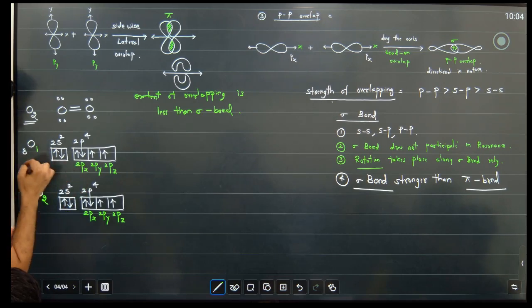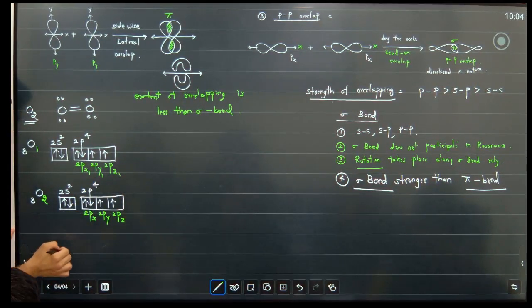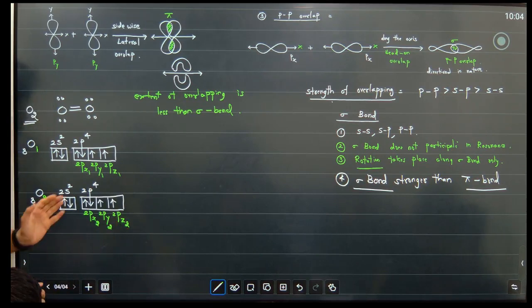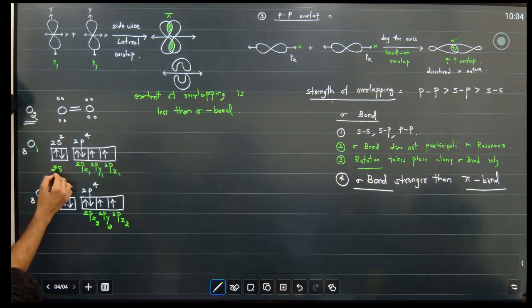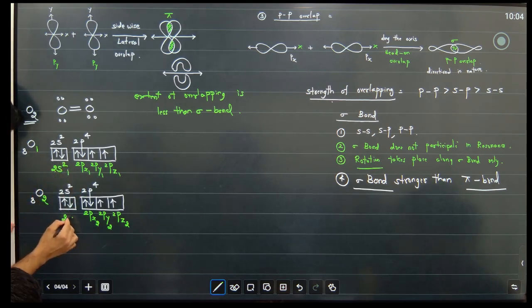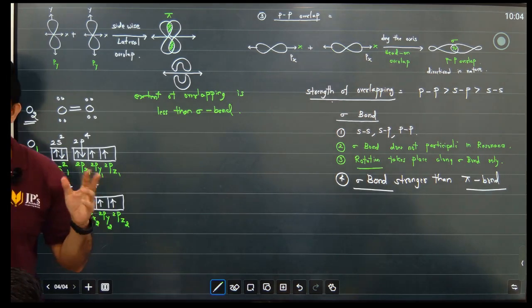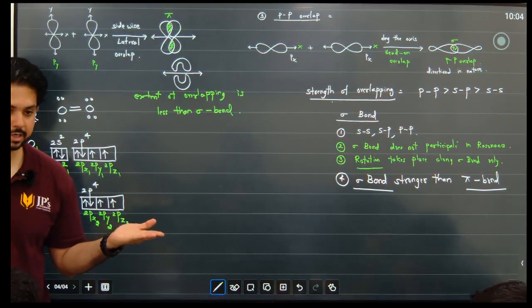This is first oxygen atom का 2px, तो इसको बोलते हैं 2px1 2py1 2pz1. इसको बोलते हैं 2px2 2py2 2pz2. I repeat, this is just for understanding. ये first oxygen का 2s2, इसको मैं बोलता हूँ 2s2. I repeat, both the oxygen atoms need 2 electrons each to complete their octet.